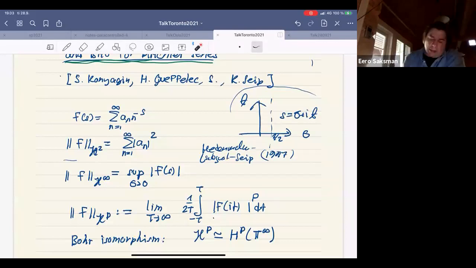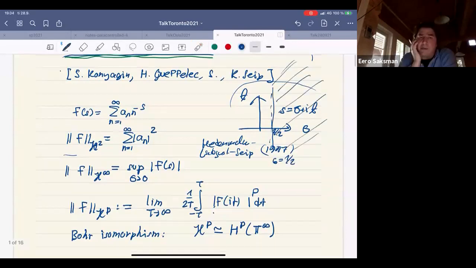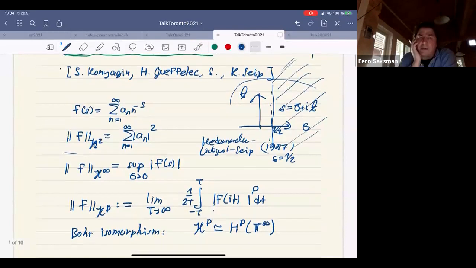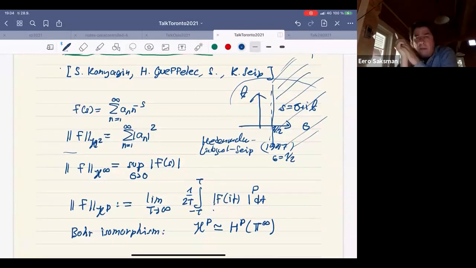These spaces and their properties have been studied in quite a few papers ever since, and it turned out that some results that had been done in the past actually can be interpreted as results for these spaces or operators on these spaces.